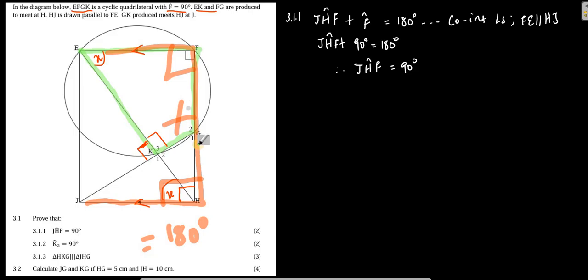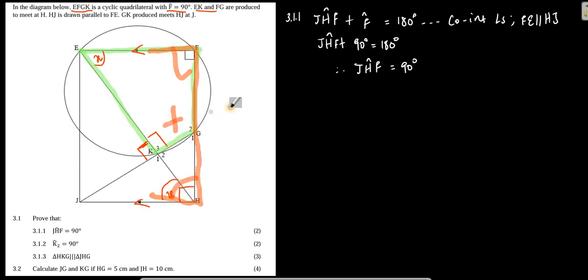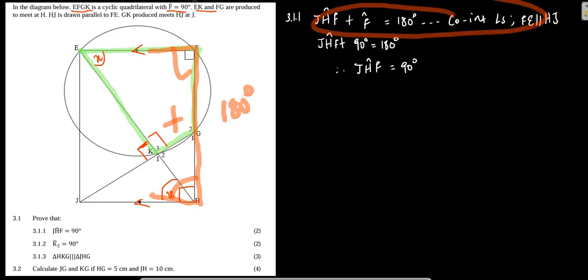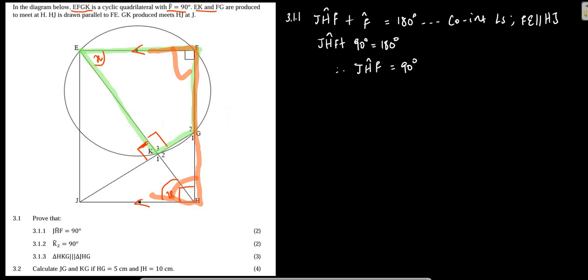I hope it is clear that they are not corresponding angles. They are co-interior because of the U shape that they make there. When you add them, you get 180, and that's why we say this. So please, guys, remember that.